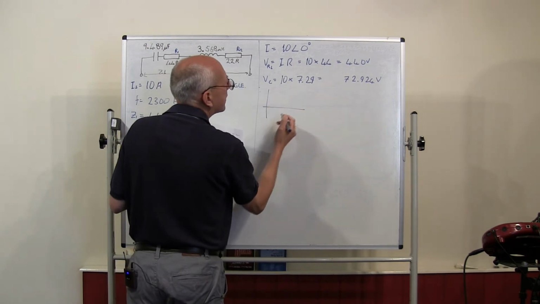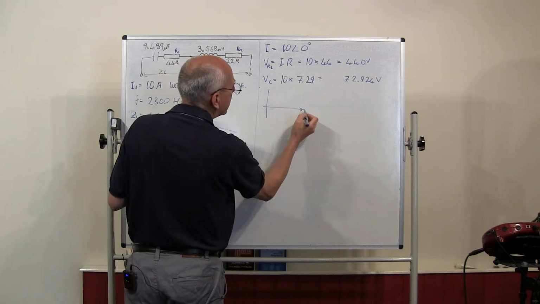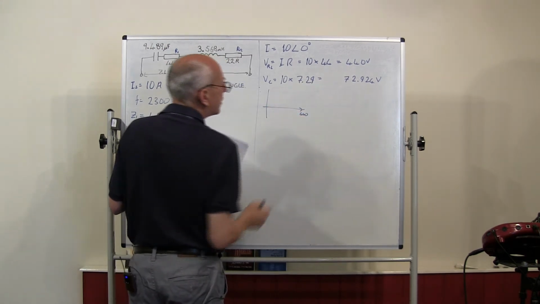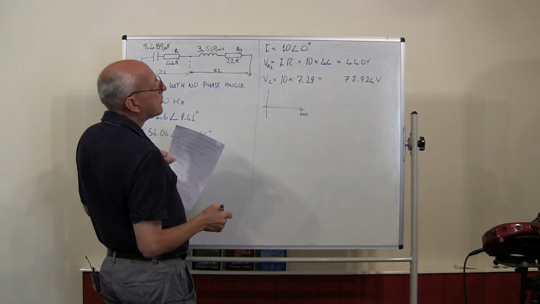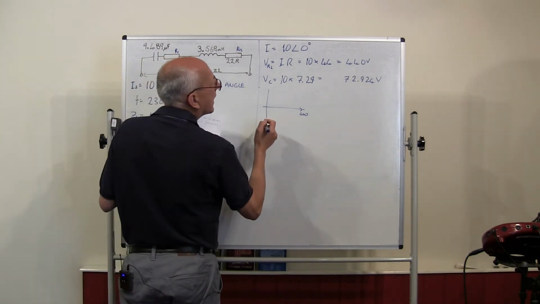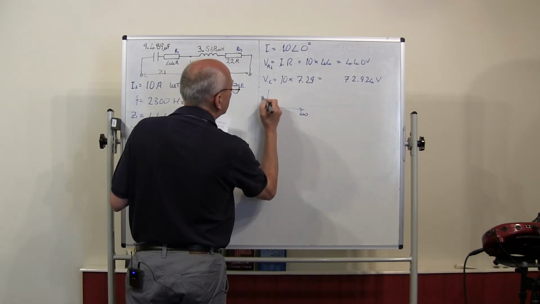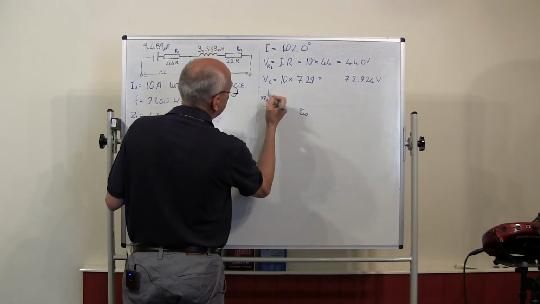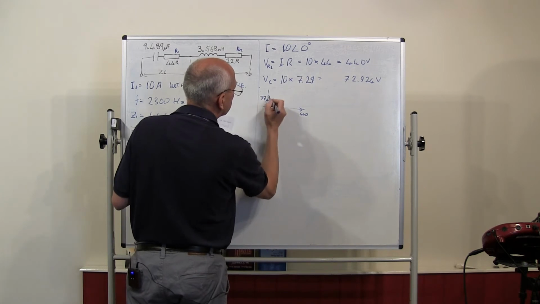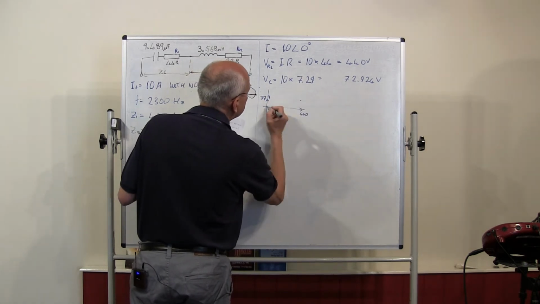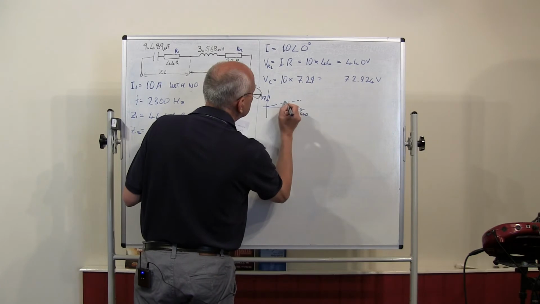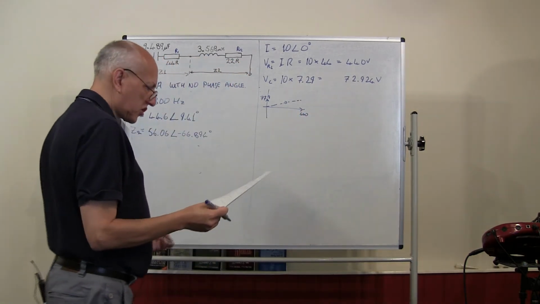So if I plotted them, I'd have 440 for the resistor and 72.9. That would give me that as a resultant. So again, we're down to Pythagoras.